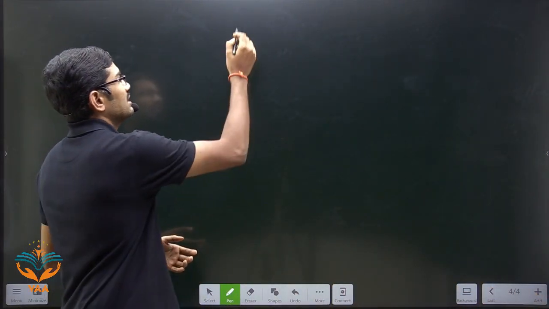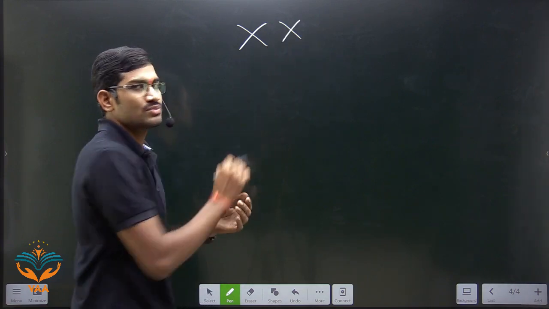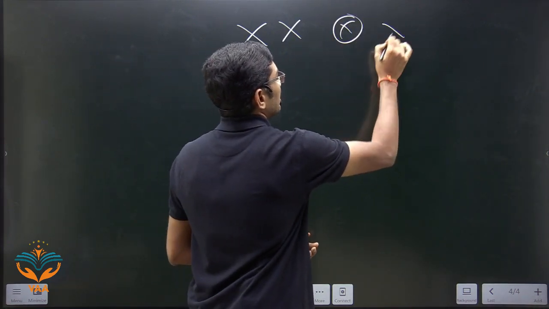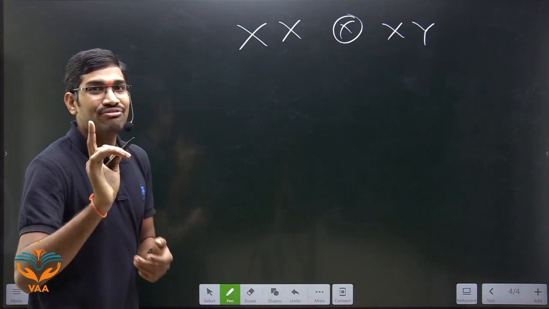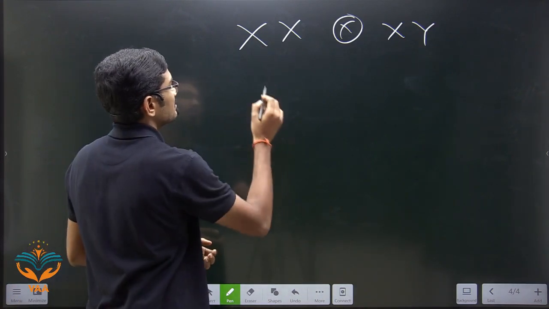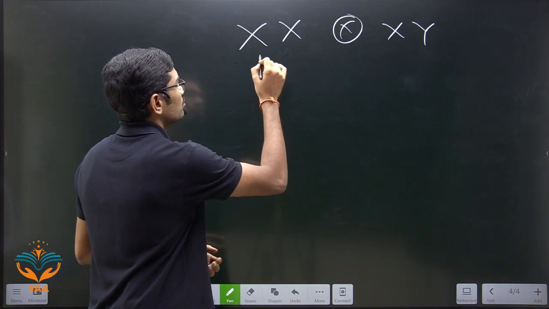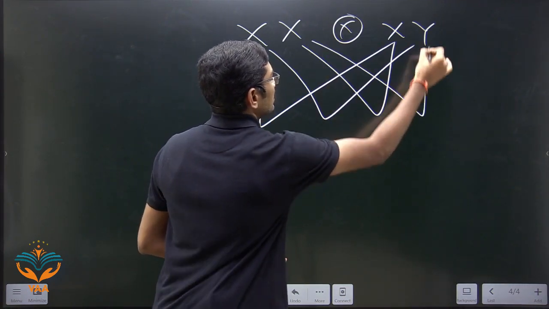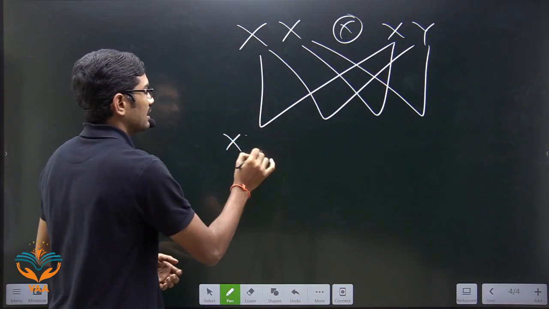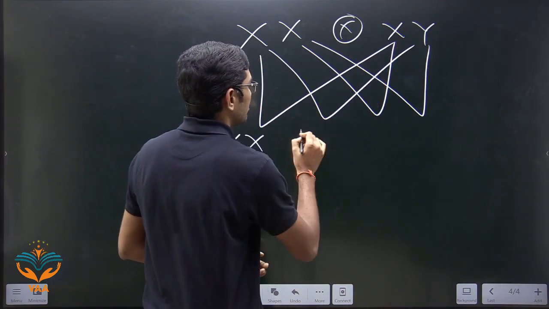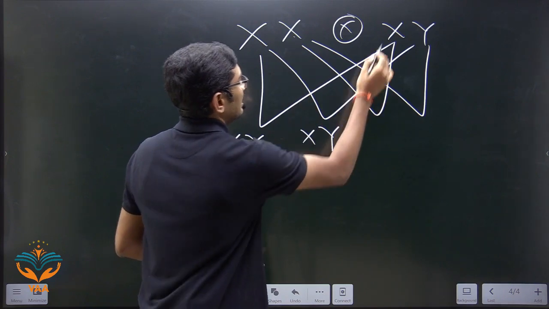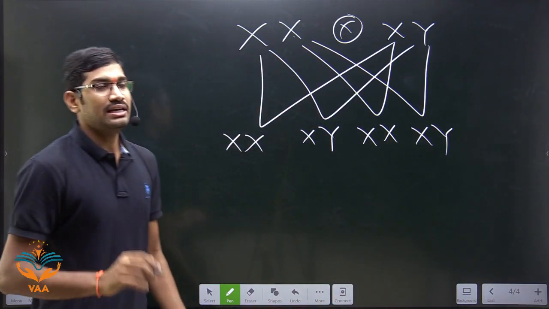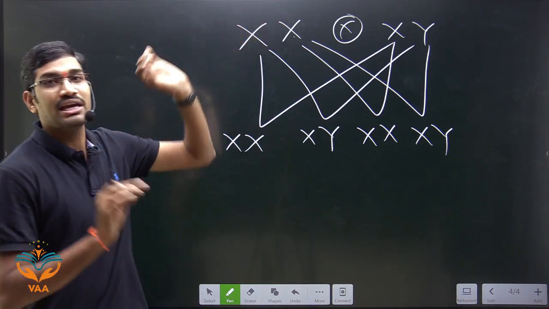Yes or no? In the case of a female, 2 X chromosomes are present. Suppose she is married to a man. Here we write X and X, and X and Y, X and Y, again X and X, and then X and Y. We are talking about each and every X chromosome.